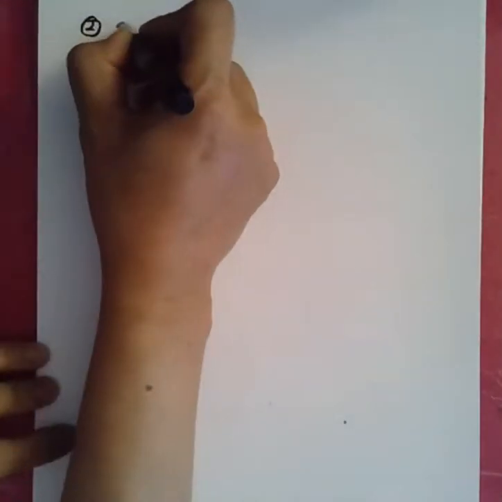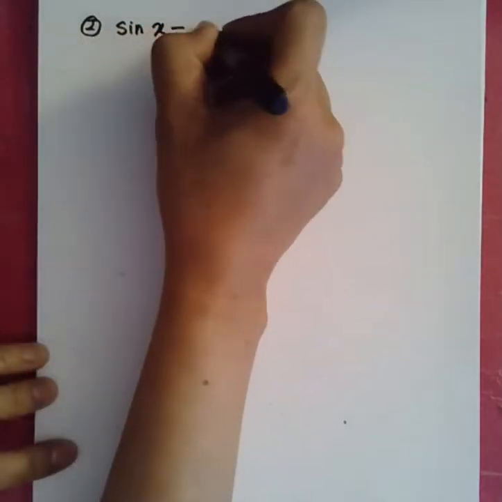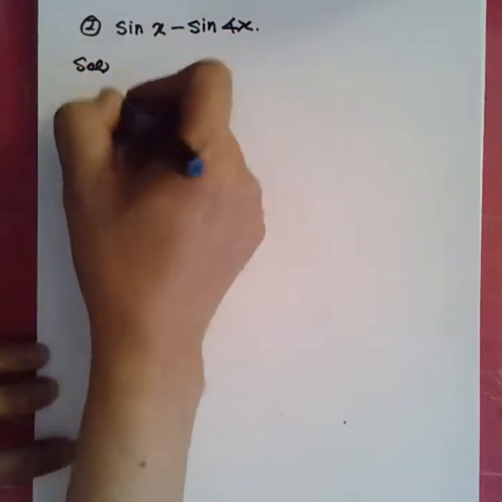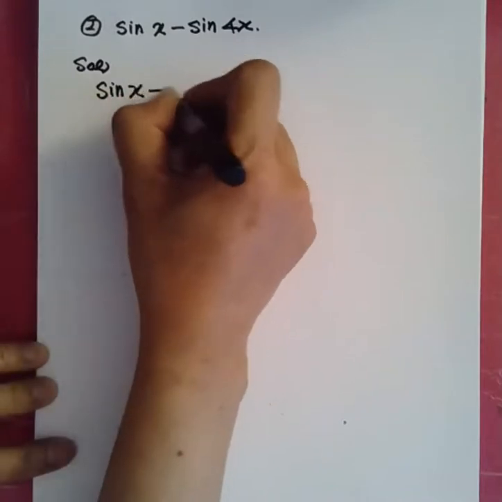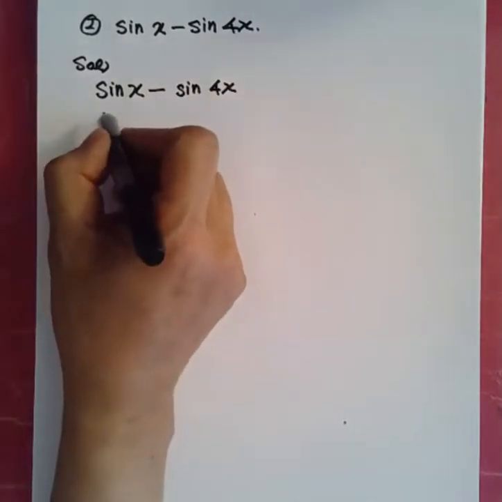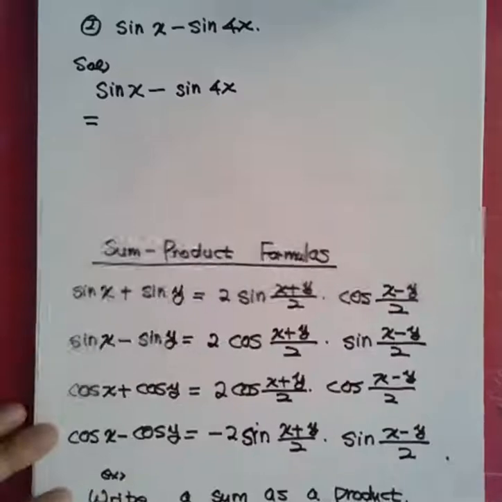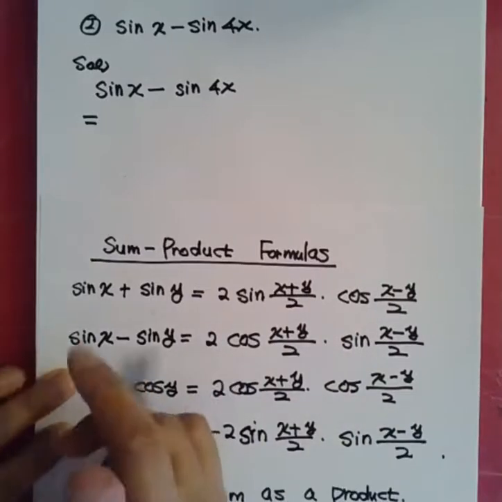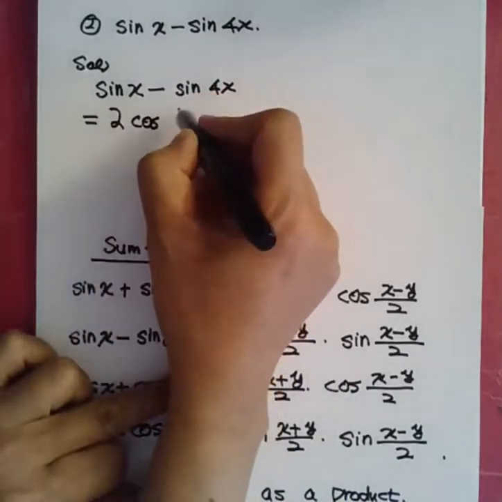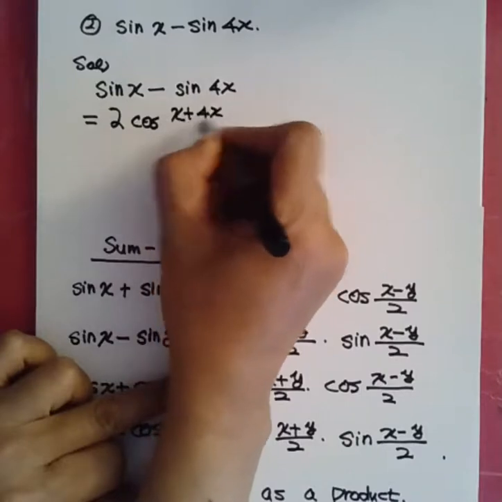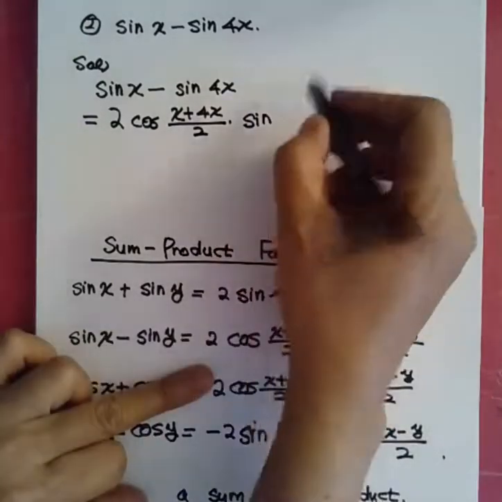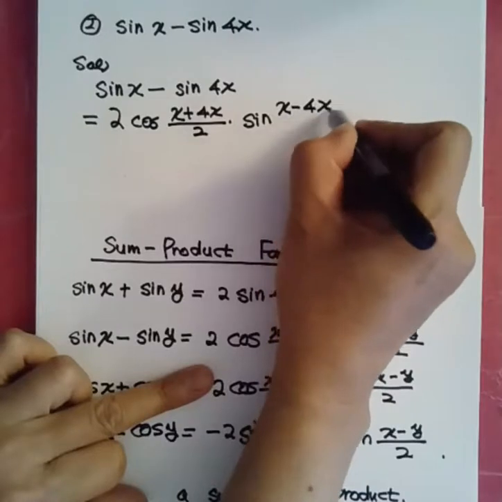The second one is sine of x minus sine of 4x. We will use the second formula, so that is 2 times cosine of the sum of two angles, x plus 4x, over 2, times sine of the difference of two angles, x minus 4x over 2.